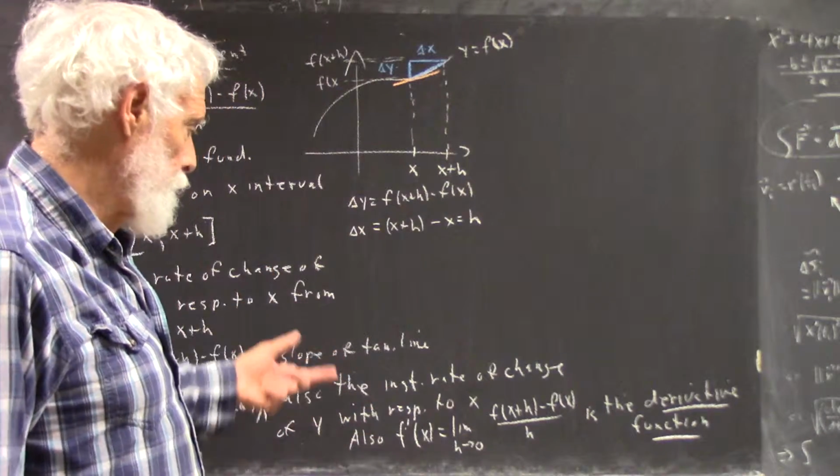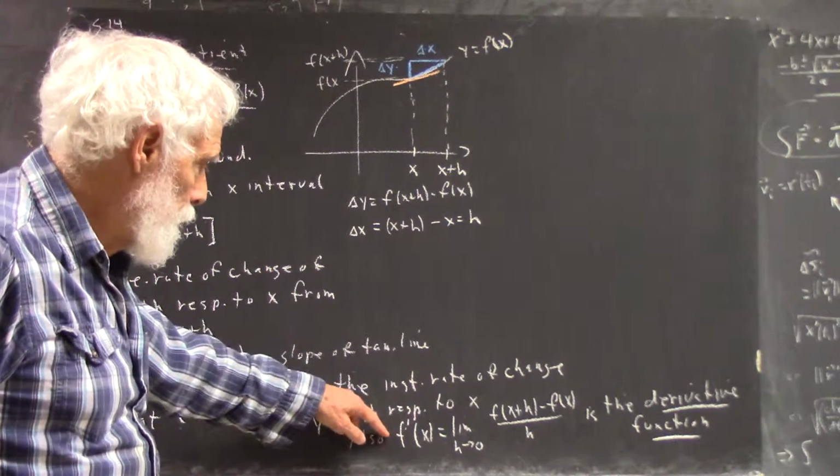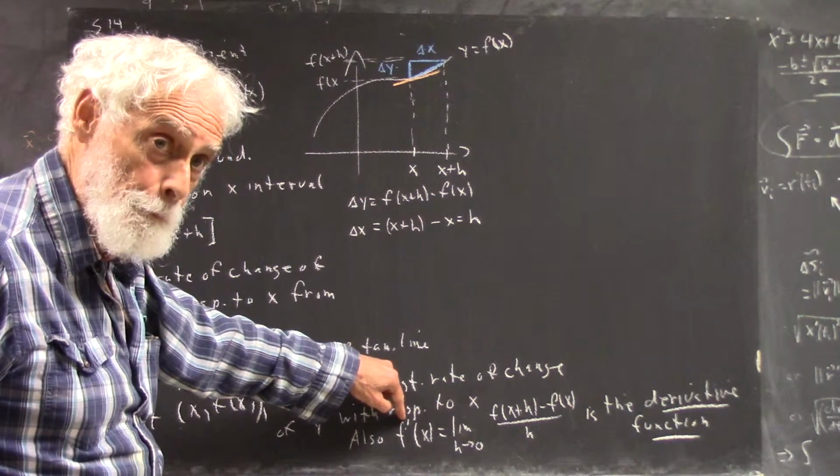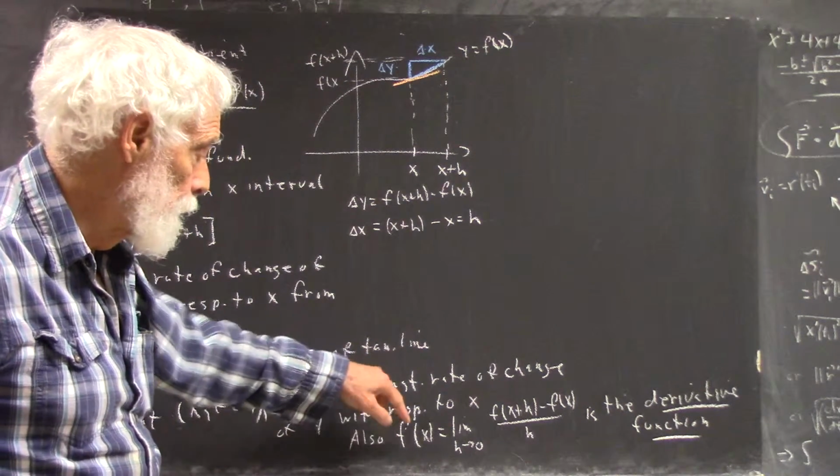The derivative function tells you the rate of change. And we use the F apostrophe, the apostrophe is read F prime.